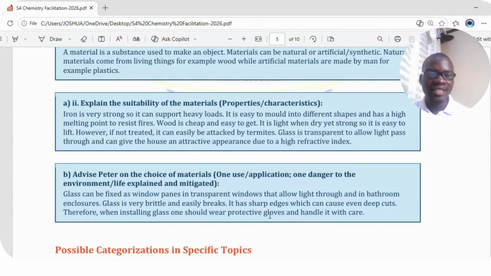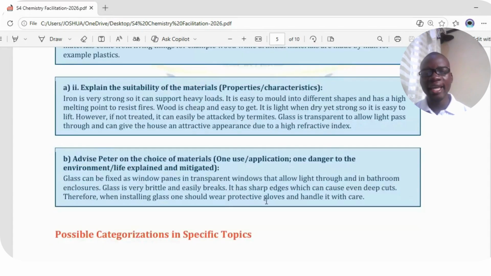It has sharp edges which can cause even deep cuts. Therefore, when installing glass, one should wear protective gloves and handle it with care. So this one is a mitigation measure and this one is a challenge or danger. So that's how we handle item 1 and then item 2 of this section A.